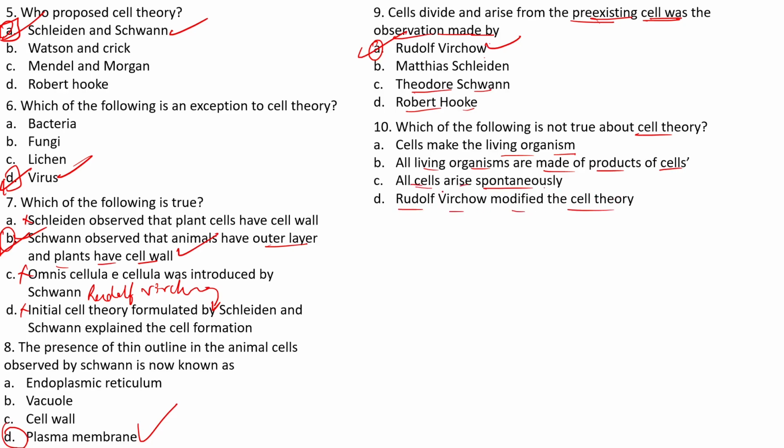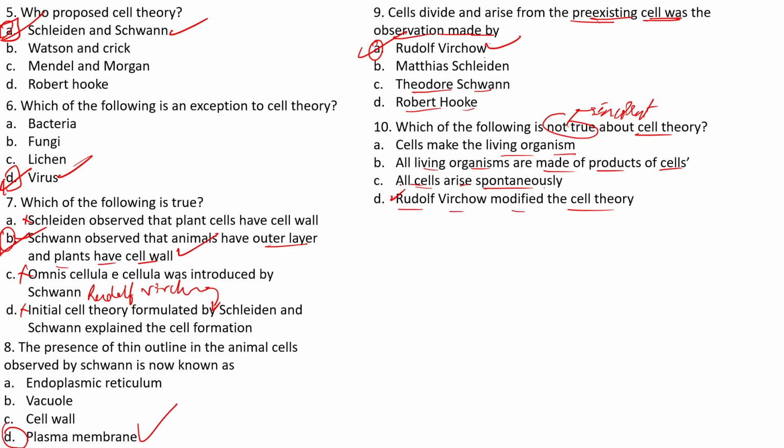They are mainly asking for the statement which is not true, in the sense the incorrect statement. We know that Rudolph Virchow modified the cell theory. It is actually a true statement. He said that all new cells arise from pre-existing cells. That is the modification done by Rudolph Virchow.